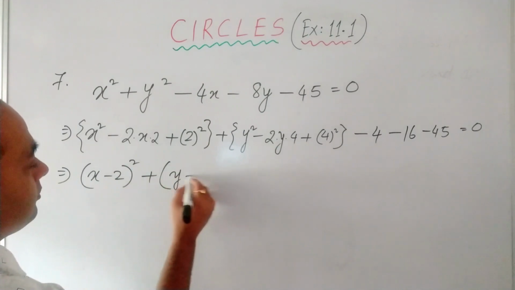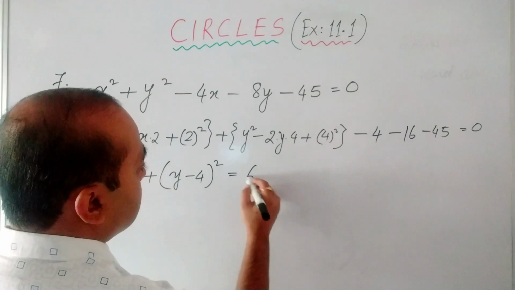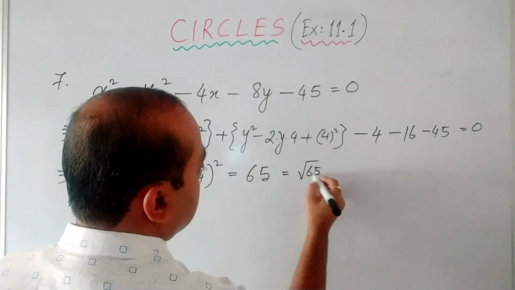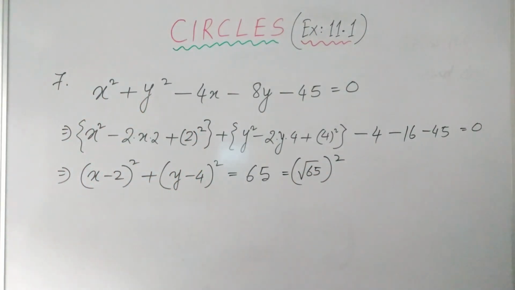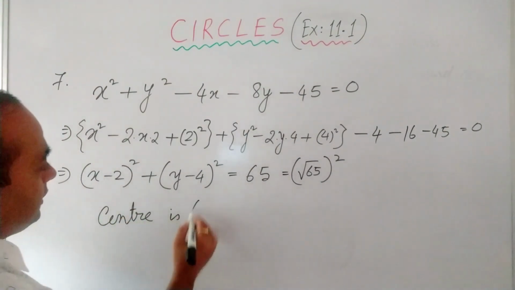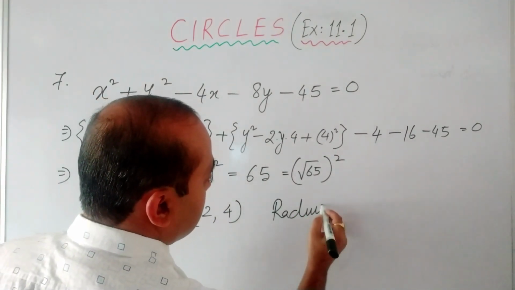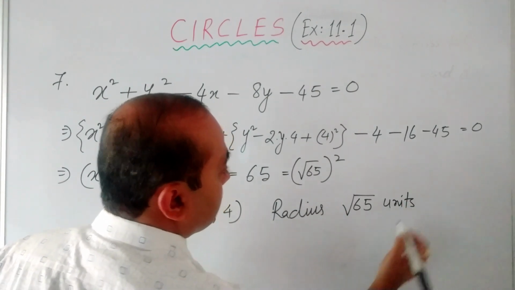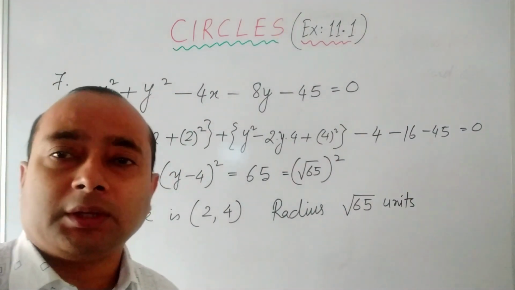These terms will become (y minus 4) whole square, and those terms will become 65. And 65 can be written as root 65 whole square. So now you can easily identify the center. Center is (2, 4) and radius is root 65 units. So in this way you can do 8 and 9 questions also.